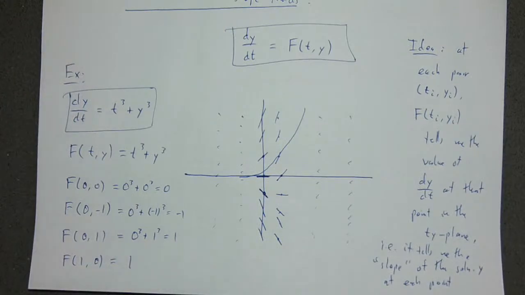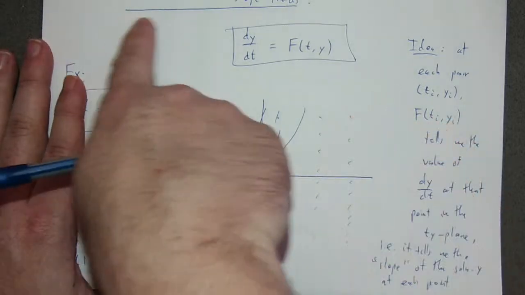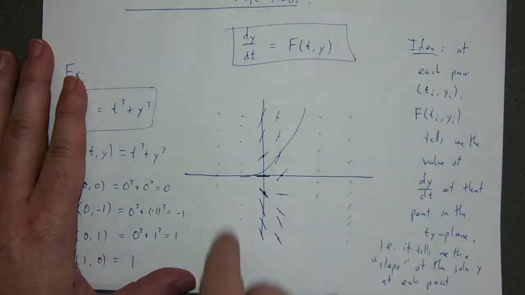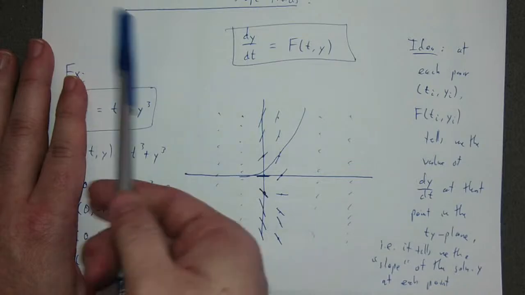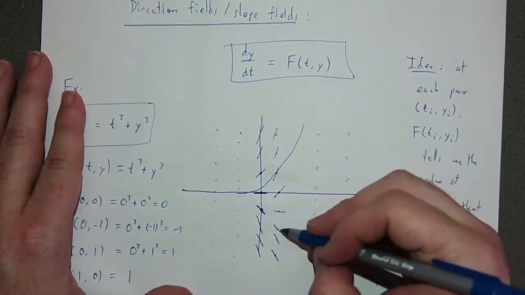Maybe that's like an okay potential solution. And you can see that basically as indicated by this direction field or slope field. So you generate a whole mesh grid with these little tiny indicators of slope. That's your direction field or slope field. So that's how to think about this.